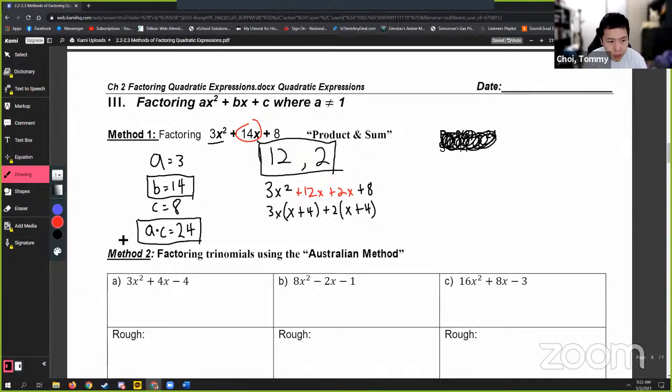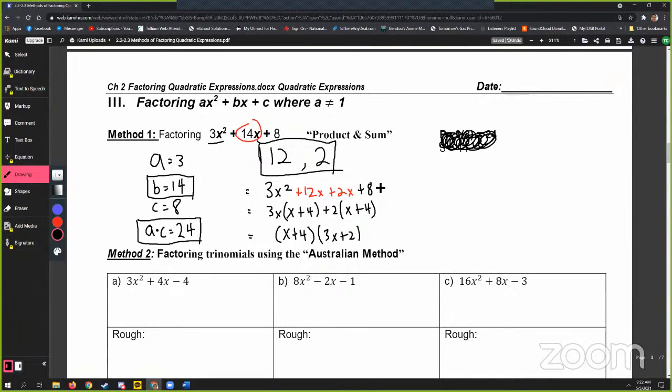So then we get x plus 4, and we write whatever's left over, which is 3x plus 2, into a second bracket, and this is your final factored form. So a lot more quote-unquote complicated, just because A is not 1.